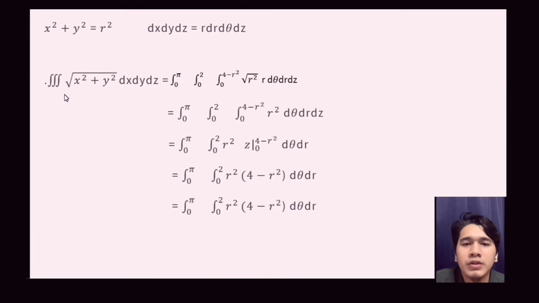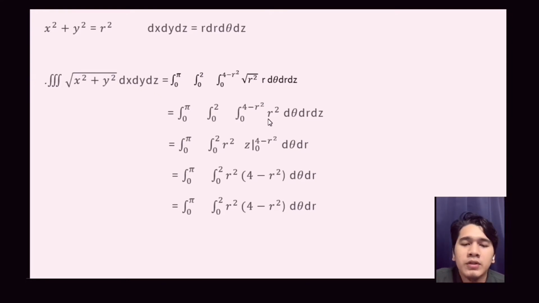From the question, we change this equation to cylindrical coordinates. So we have the square root of r square, we can cancel off the square root and the power of 2. So we have r multiplied by r, we have r square.